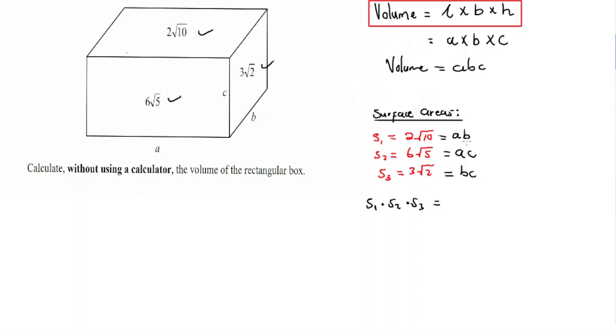In terms of A, B, and C, S1 is AB, S2 is AC, and S3 is BC. In terms of the values, S1 is 2 root 10, S2 is 6 root 5, and S3 is 3 root 2.